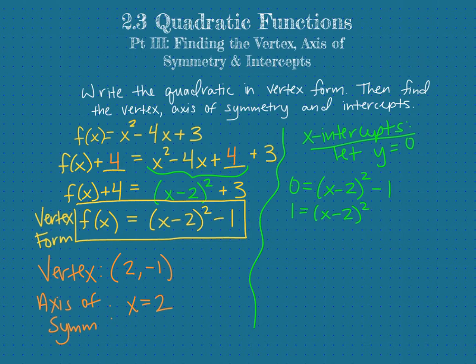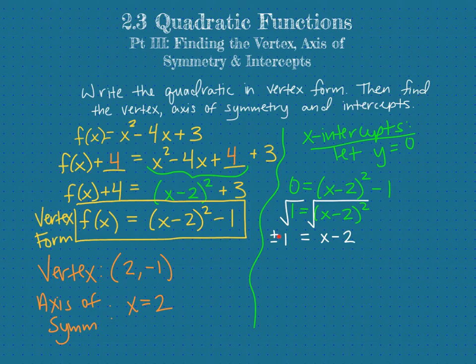And here's where it gets a little fun. We need to undo that squared. So I'm going to do a big square root on both sides. When we do that, the square root of 1 is both positive and negative 1. We are solving an equation here, so we need to account for positive and negative 1. And on this side, we took the square root of something squared, so we're just left with x minus 2.